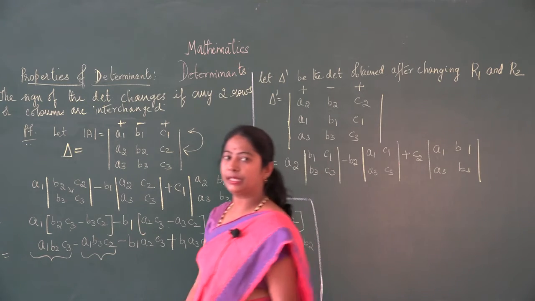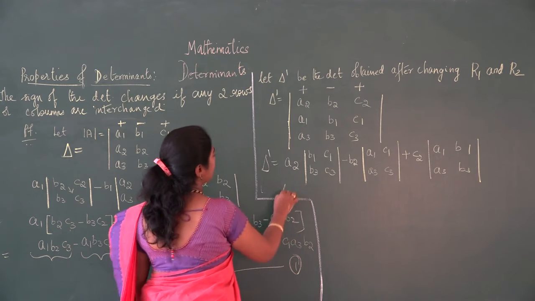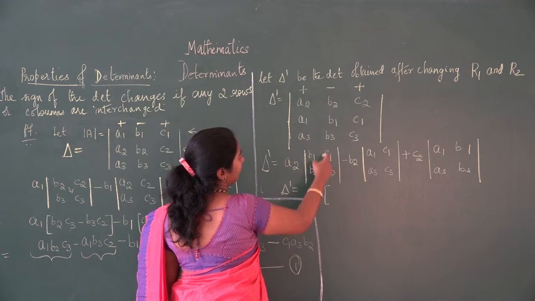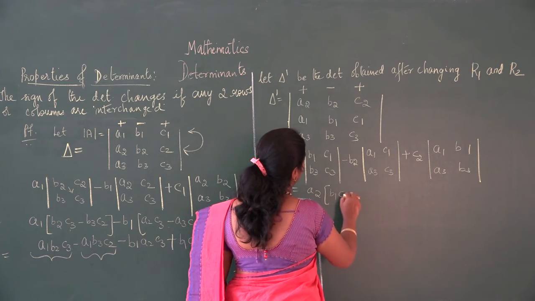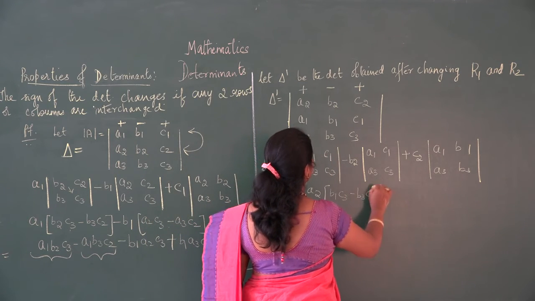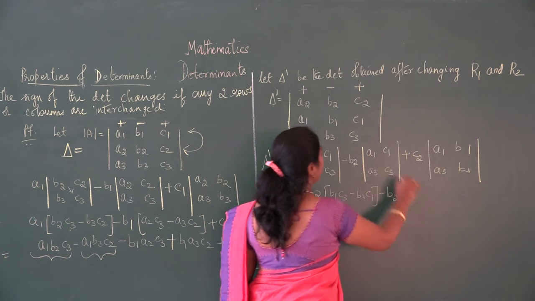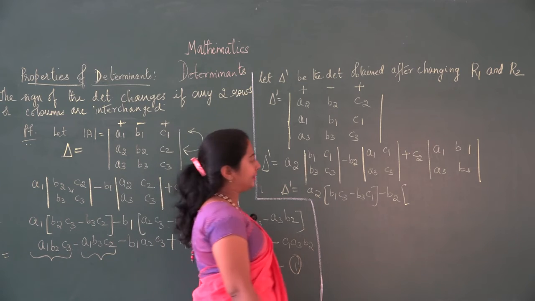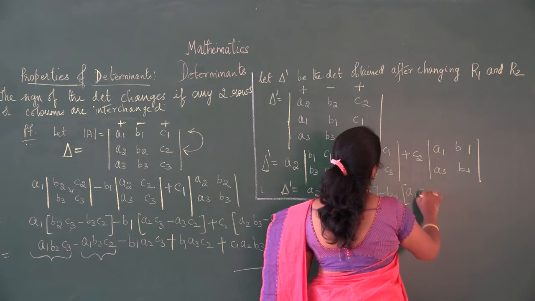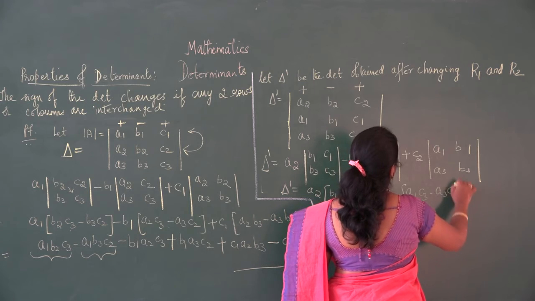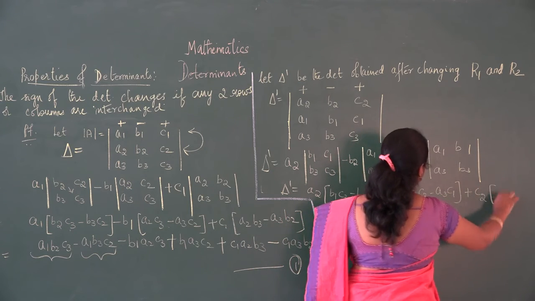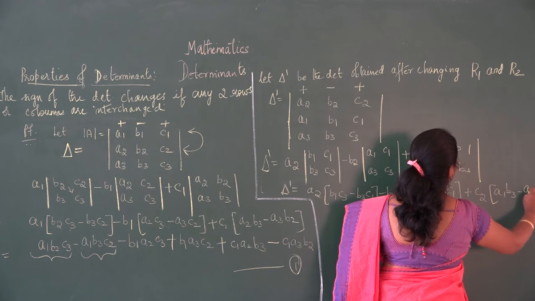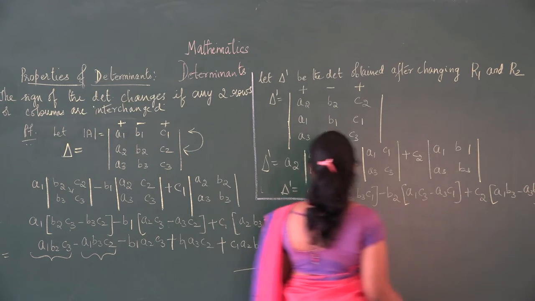So delta dash is equal to A2 into B1 C3 minus B3 C1, minus B2 into the product of the principal, A1 C3, minus A3 C1, plus C2 into A1 B3 minus A3 B1.